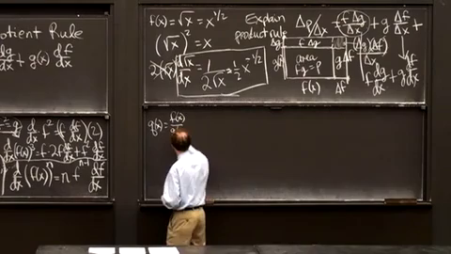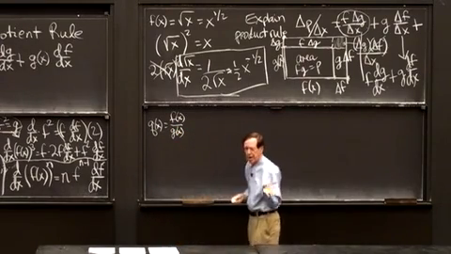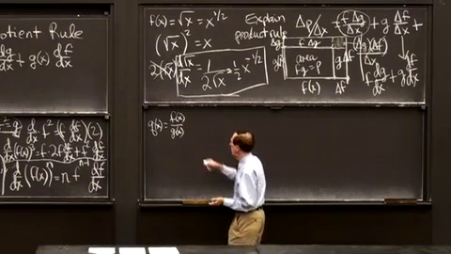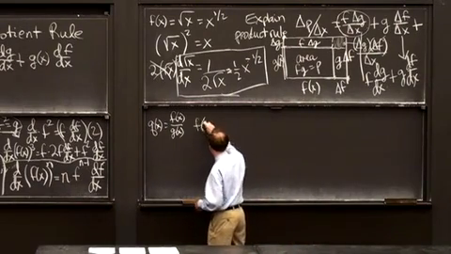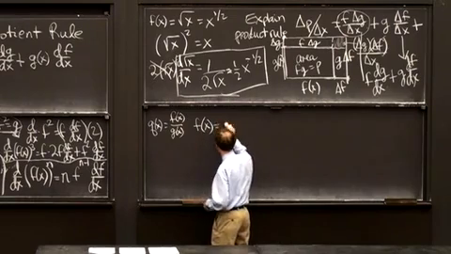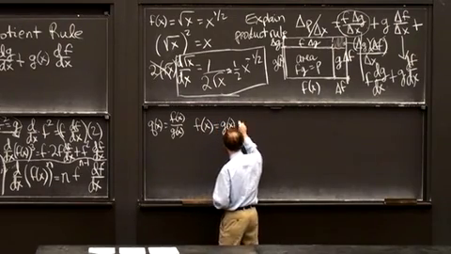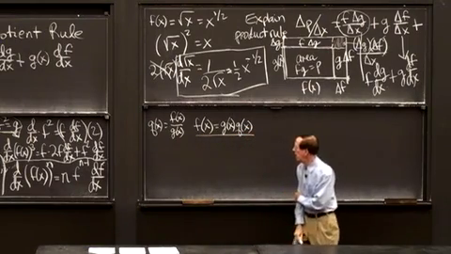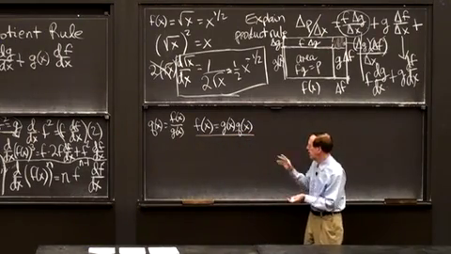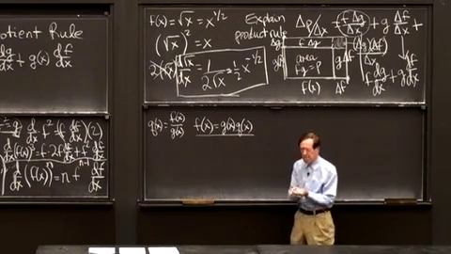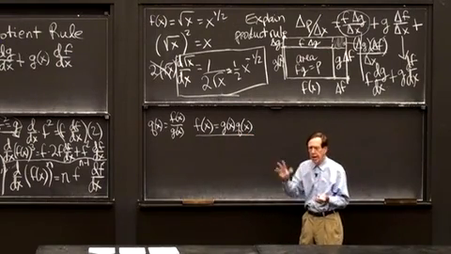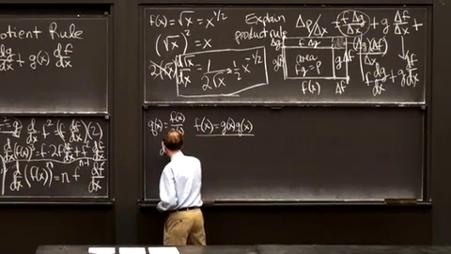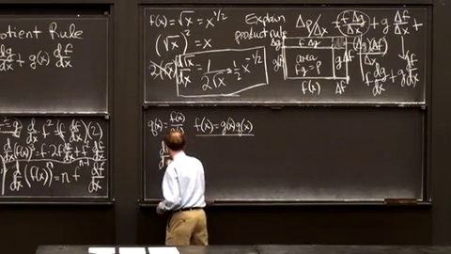Well, what I know is the product rule, right? So let me multiply both sides by g of x and get a product. There, that looks better. Of course, the part that I don't know is in here, but just fire away. Take the derivative of both sides, okay? The derivative of the left side is df dx, of course.